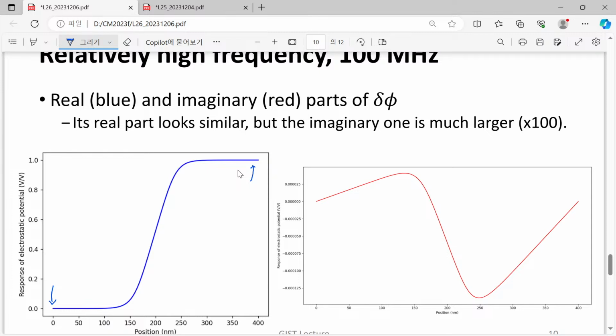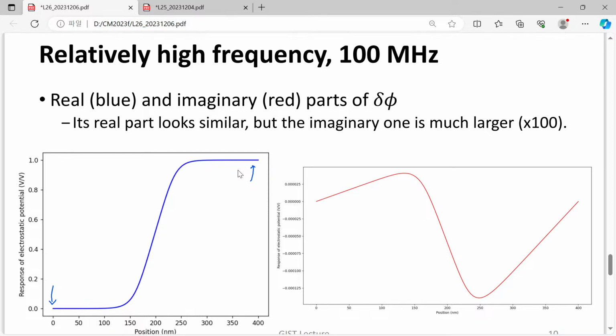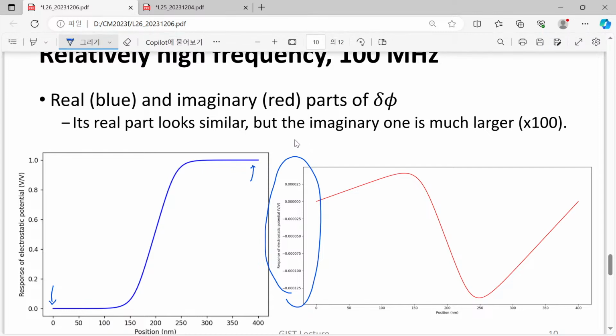If you just apply the sine signal, then following the real part of your electrostatic potential, there will also be just this-like behavior of your real part. But the point is, here we have the same imaginary part. This is the imaginary part of your delta phi.